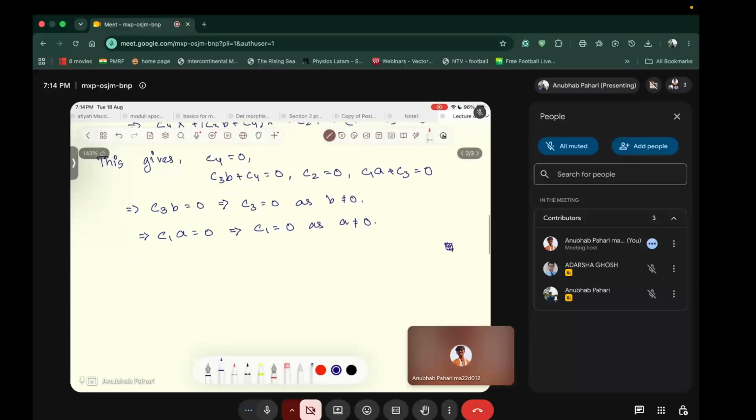Now let's move on to our third problem. Let Pn be as above, that is again the set of all polynomials of degree less than or equal to n, and let a in k be fixed.